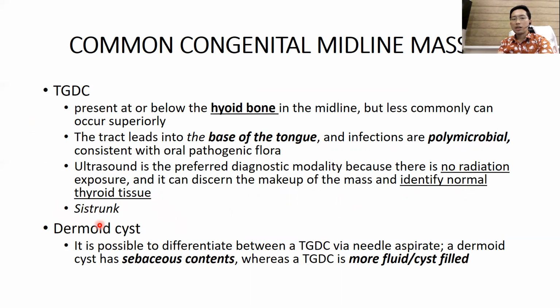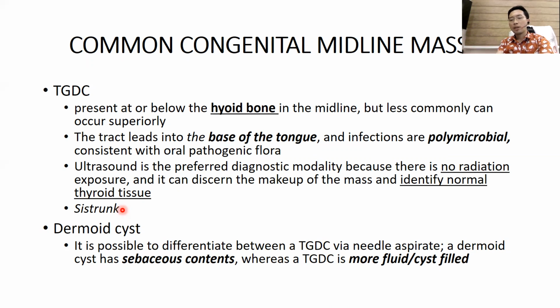And last one, this is the Sistrunk procedure. This is a procedure in which you remove the cyst, the tract, and the middle third of the hyoid bone. The purpose of removal of the hyoid bone is to prevent recurrence, because previously they used a technique removing the cyst and only the tract.